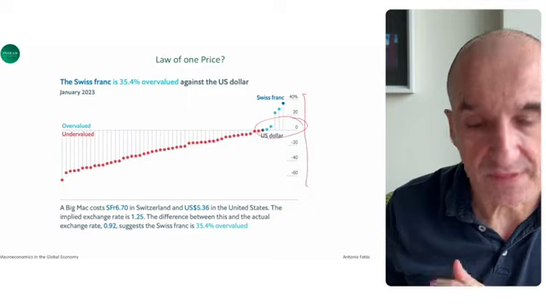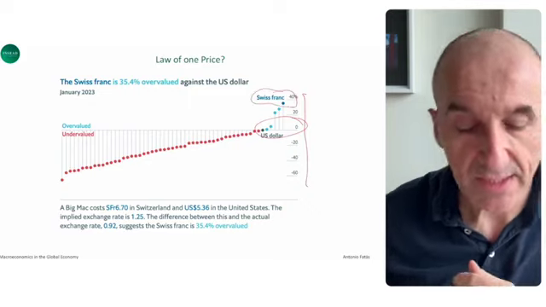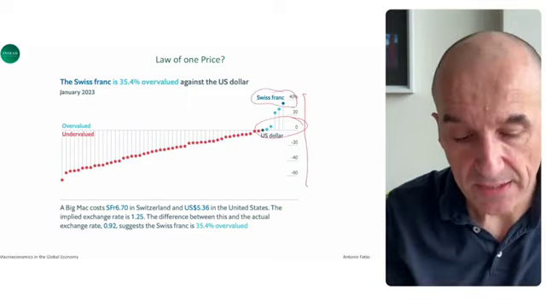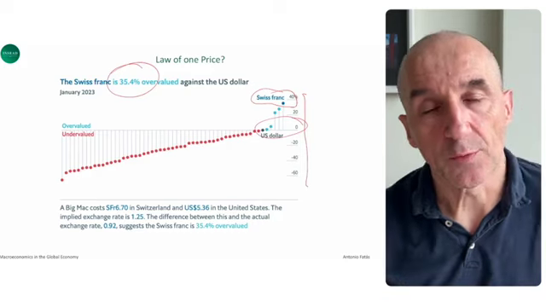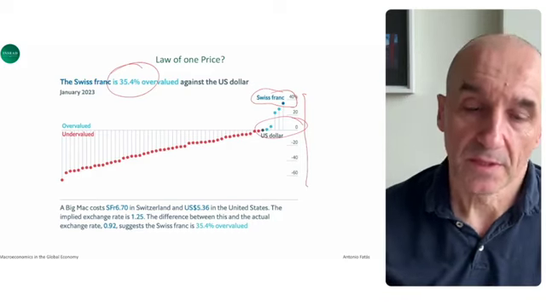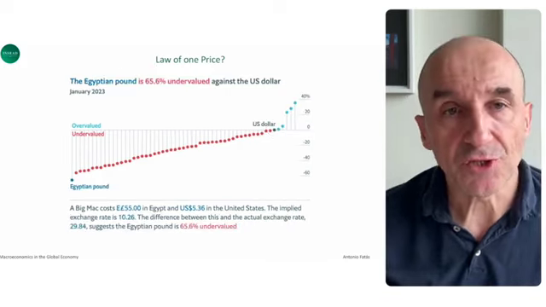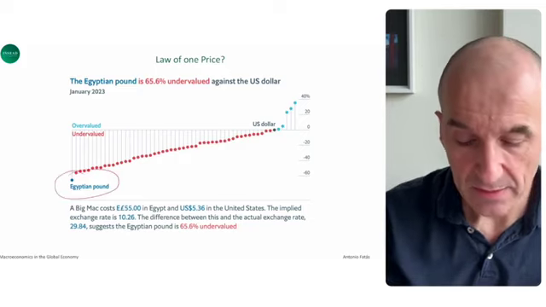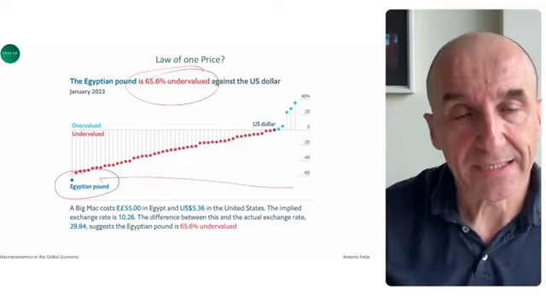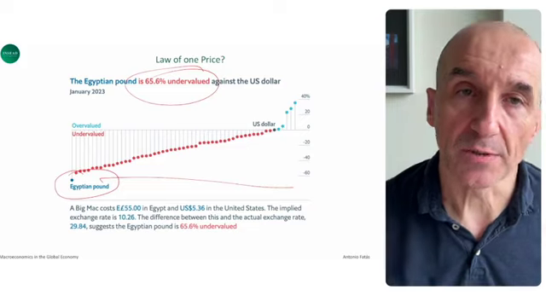Now I give you a couple of examples. In Switzerland, if you want to buy a Big Mac, you're going to pay 35.4% more than in the US. Second example, in Egypt, if you want to buy a Big Mac, you can buy 65% cheaper than the US.